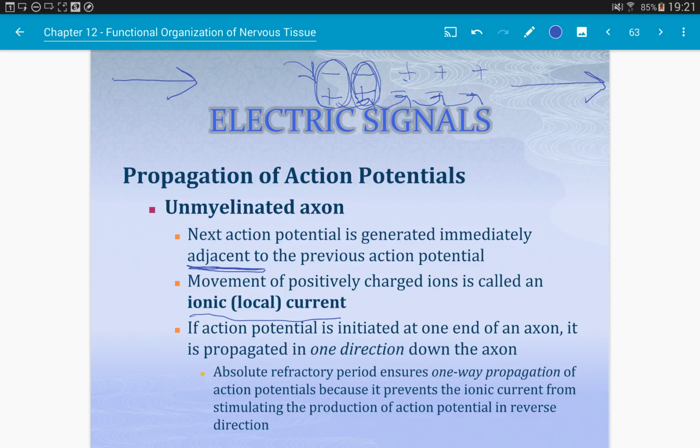So notice it says if an action potential is initiated at one end of an axon, I accidentally erased my little line here, at one end of an axon, it is only going in one direction. And so remember, it can only travel in one direction because when the area previously is trying to reestablish its resting membrane potential, you have a period of time where it cannot be stimulated no matter what.